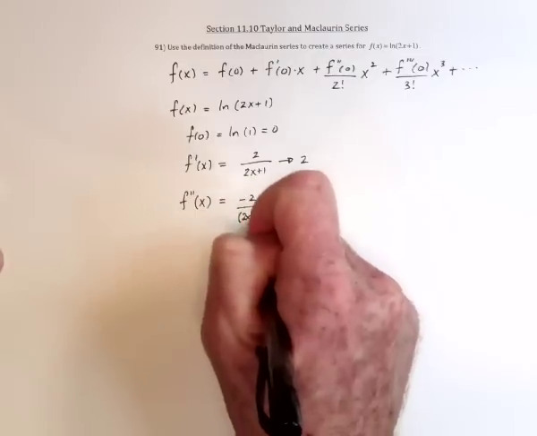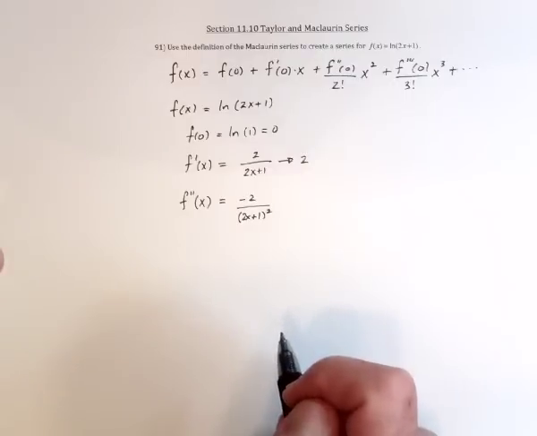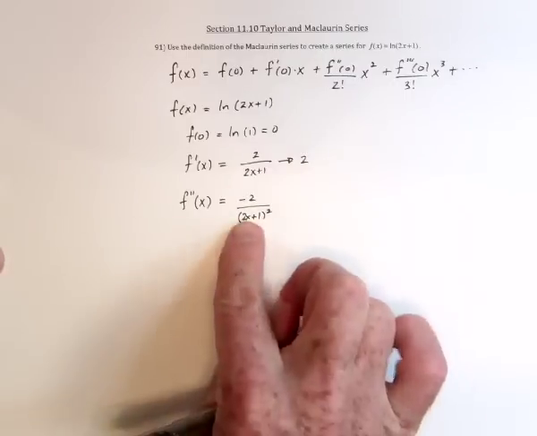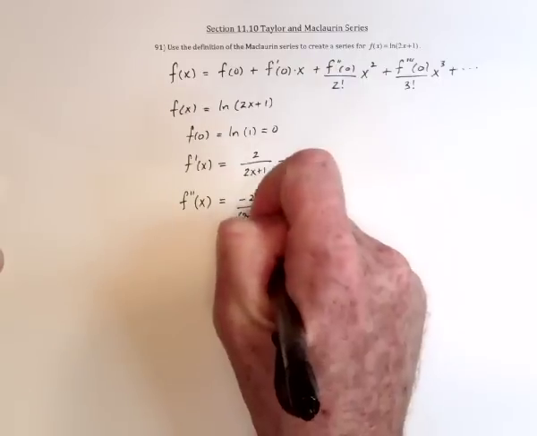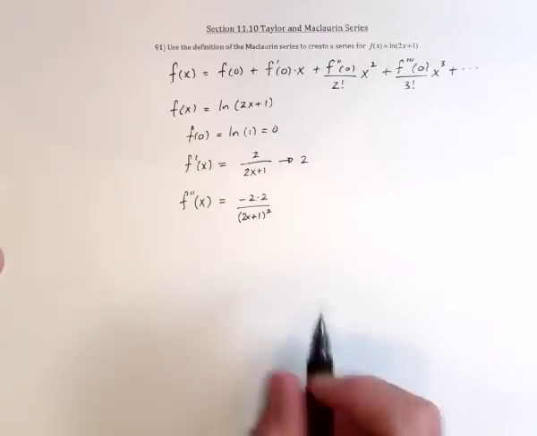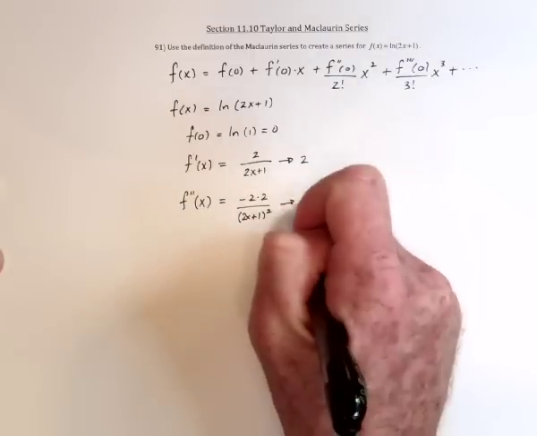An exponent of negative 2 means that the denominator is squared. There's also the chain rule. You'll need to take the derivative of the inside and multiply. Alright, now substitute x equals 0, which means this is just going to be 1 squared, so then this one becomes negative 4.